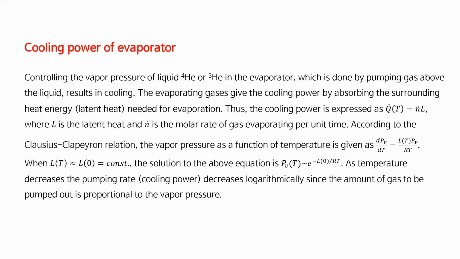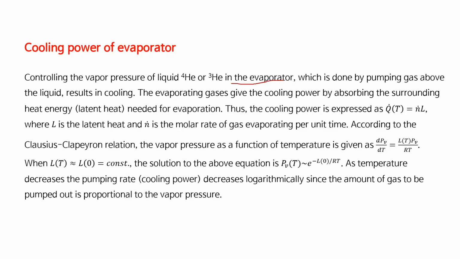Now see the cooling power of the evaporator. Cooling is achieved by controlling the vapor pressure of liquid helium-4 or helium-3 in the evaporator, which is done by pumping gas above the liquid.